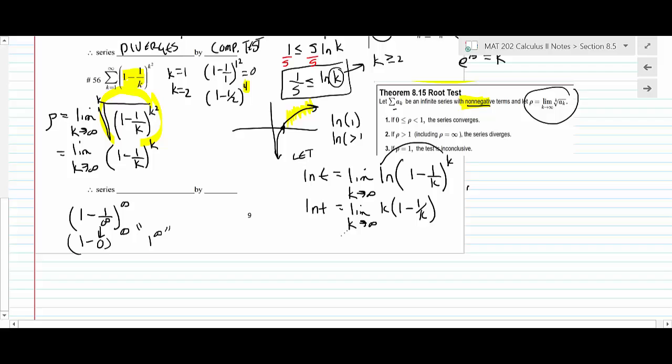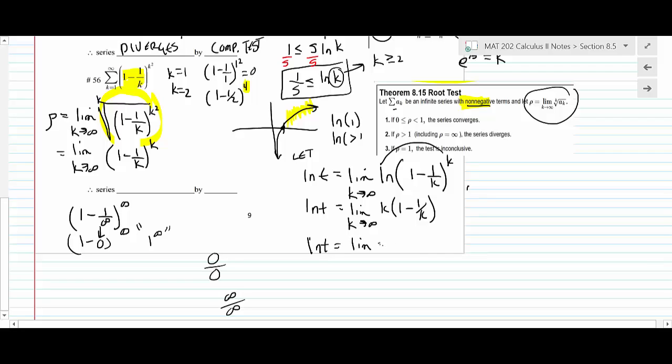So what we have now, you need to do one more step when you do this. Before you can really do L'Hopital's Rule, you need to make sure it's a 0 over 0 or infinity over infinity. So I'm going to do a slick little trick here.